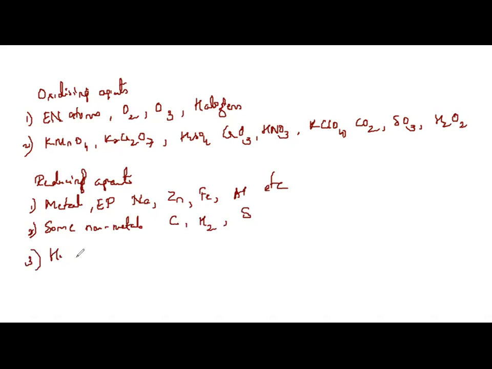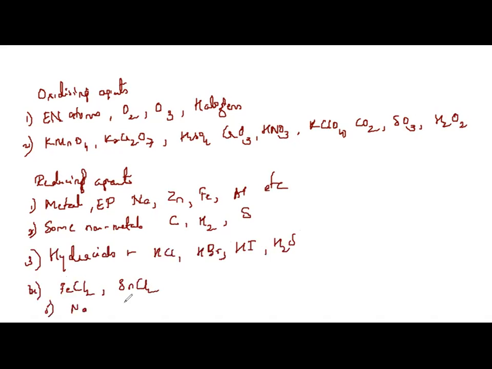Even hydra acids, also called mineral acids, act as reducing agents, like HCl, HBr, HI, then hydrogen sulfide. A few compounds with lower oxidation state, for example FeCl2 and SnCl2, all act as reducing agents.